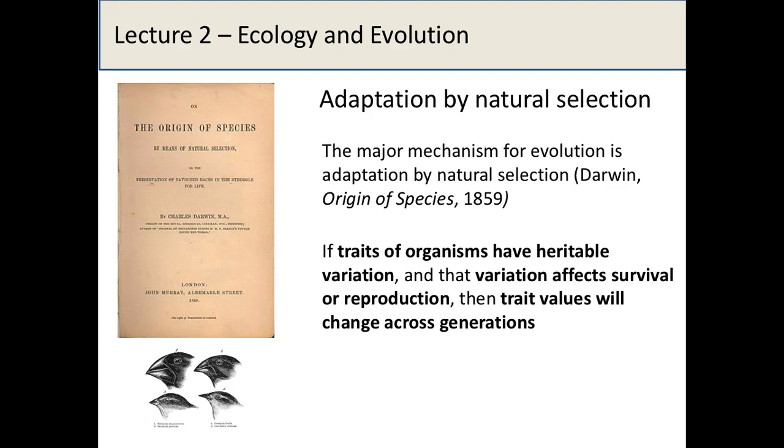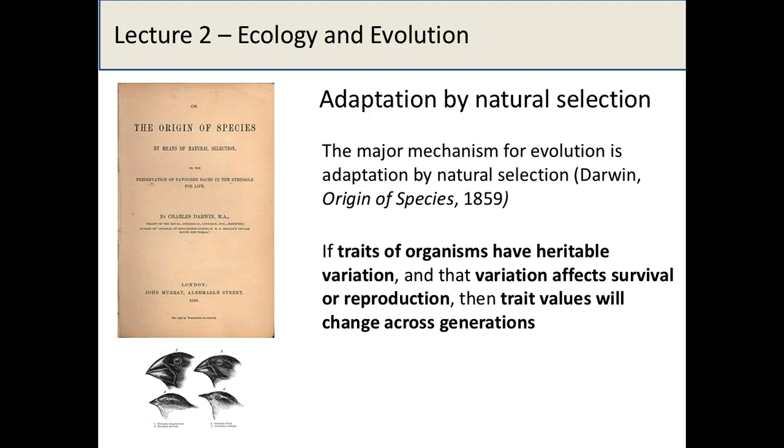Second, that variation in the trait affects survival or reproduction. We'll look at some examples later of birds and fishes and their mouth morphology, which essentially determines what they can eat. It's a really key trait, and if you have a mouth of one particular size or shape, it will determine the type and amount of food you can eat.